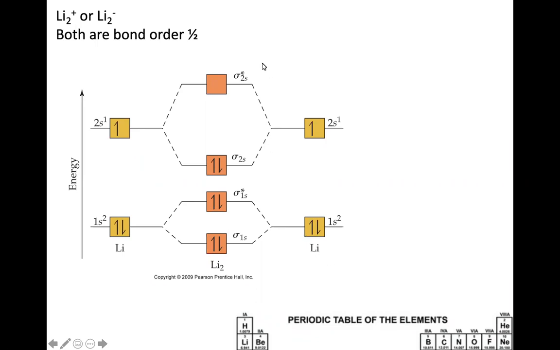I'm curious on that. Do you agree with me on that? Do you see what's going on? Can you see how, if you're making either the cation or the anion, you get a bond order of 1/2?